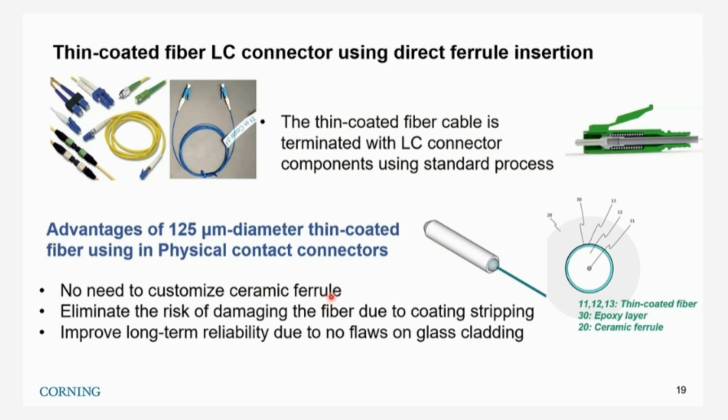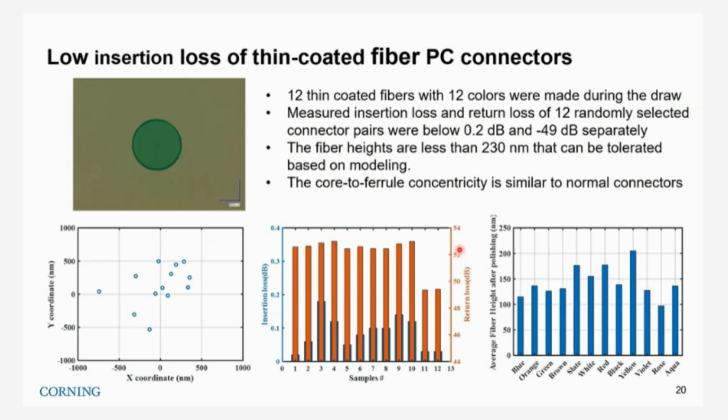In this way, we can reduce the damage on the glass significantly, because now the glass has a thin layer of coating, and we think it can improve the long-term reliability, because there are no flaws on the glass when you insert the fiber into the ferrule.